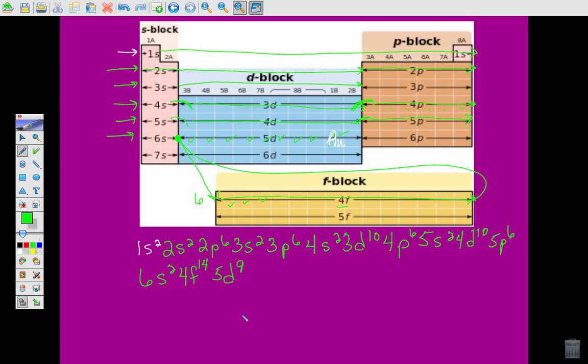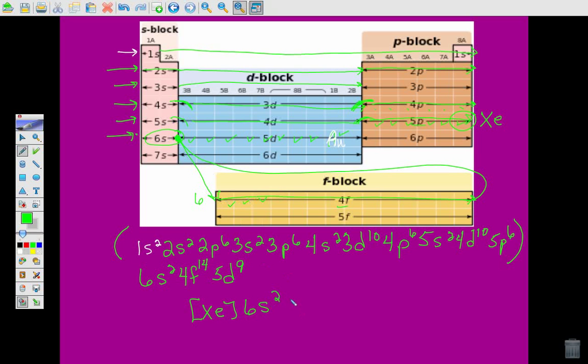If we want to do gold's abbreviated configuration, we want to go to the previous noble gas, and that would be this noble gas right here. It's xenon. And all of this, if you did xenon's configuration, you notice it ends in 5p, 1, 2, 3, 4, 5, 6. All of that is xenon, and then we just have to pick up our journey at xenon's house.